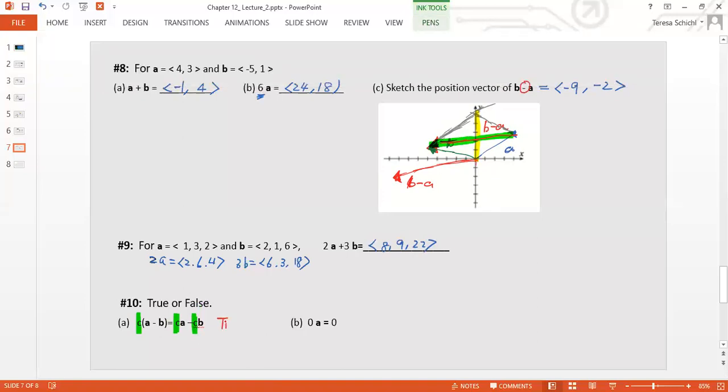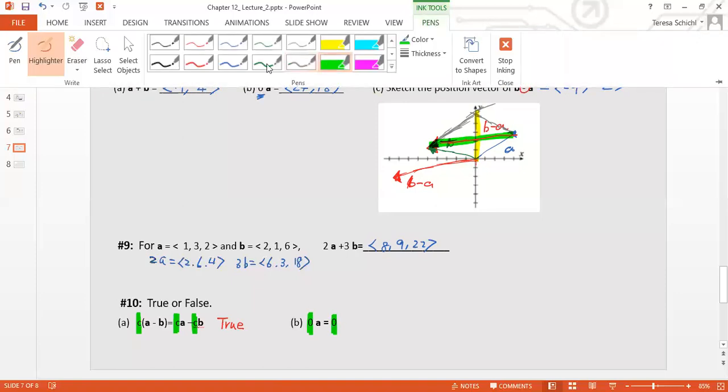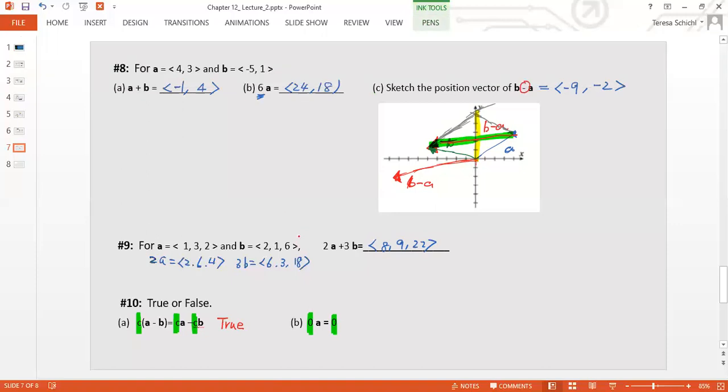The next one is 0 times A equal to 0. The 0 is not bold, so it's a constant. So 0 times a vector A is equal to 0. True or false? This is false.